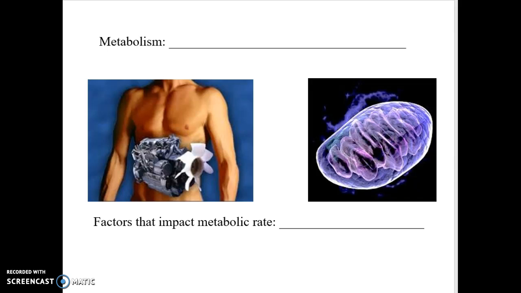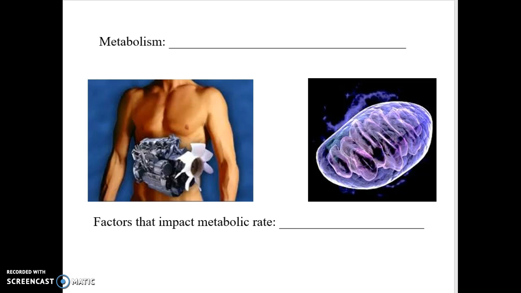So the little structure on the right-hand side of the screen here is the mitochondria. That is the key structure for metabolic rates. So the higher your metabolic rate, the more mitochondria you have. The two tissues in the human body that contain the highest concentration of mitochondria are neurological tissue.